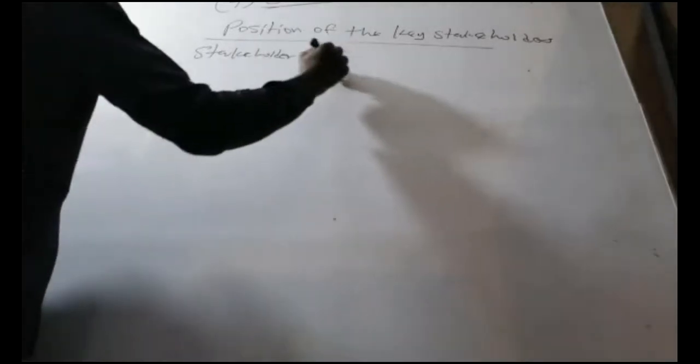To know their position in the event of liquidation, write the key stakeholder here, then write the position before liquidation and the position after liquidation.